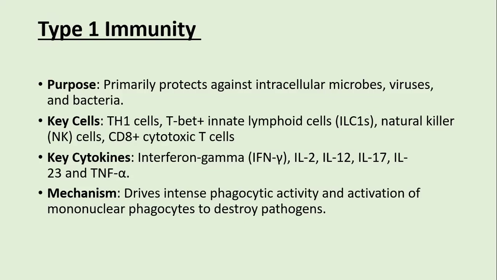In addition, it produces interleukin 2, 12, 17, and 23. Mechanisms. Since it's the macrophage induced activity, it drives phagocytic activity, activation of mononuclear phagocytes, and destroys the pathogens. This is the prime objective of this kind of immunity.